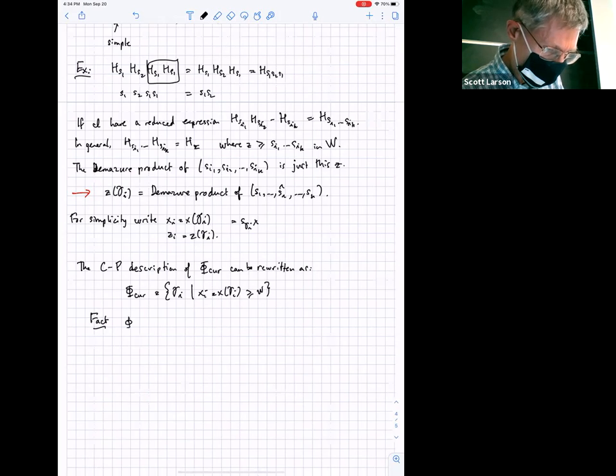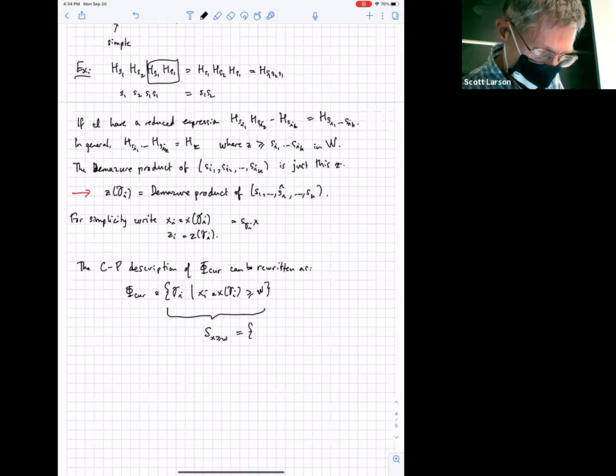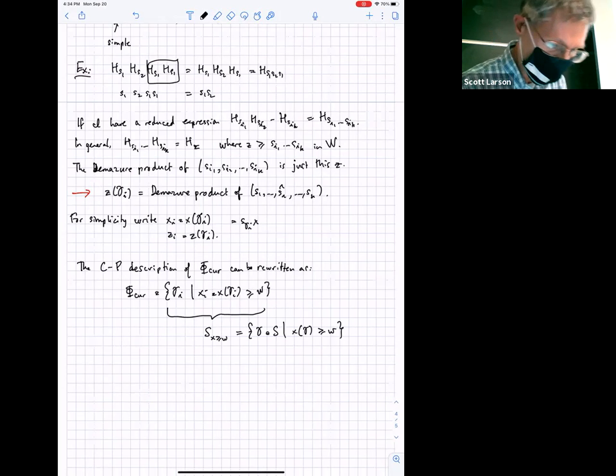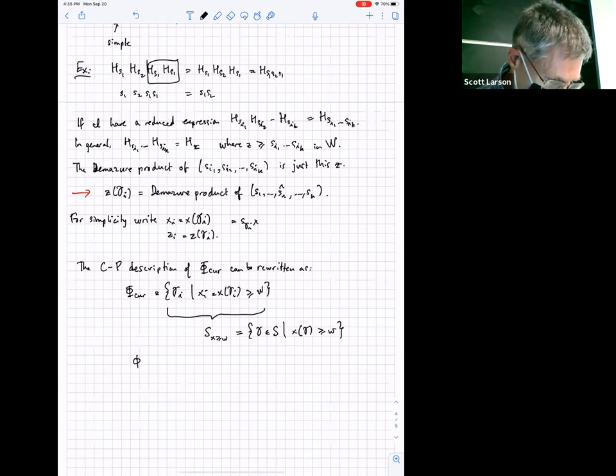By the way, just for notation, we can call this set S of x bigger than or equal to w. We can write this as the set of all gamma in S such that x of gamma is bigger than or equal to w. That's a way of notating it: the set of all gammas for which, when we apply that function x, we get this property. So in other words, phi cur is equal to S of x bigger than or equal to w in this notation.